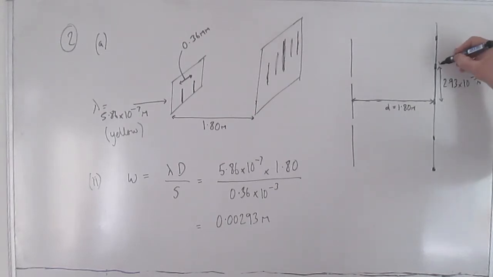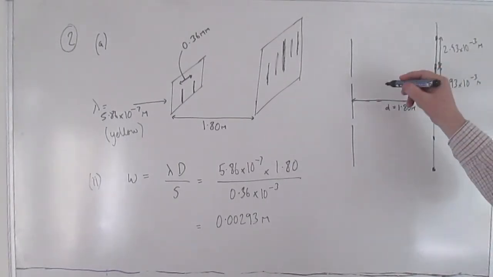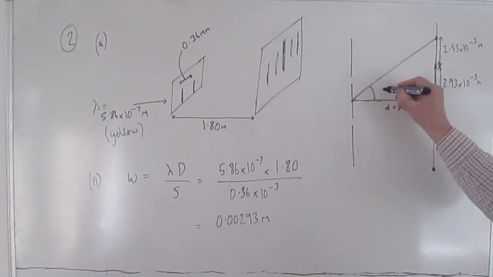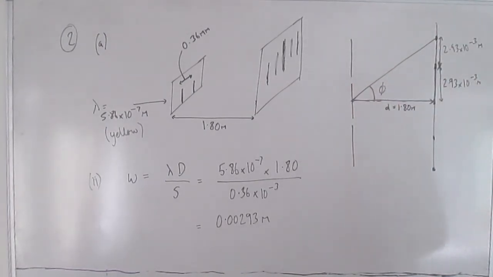And of course that's true for all the separations, so that's also 2.93 times 10 to the minus 3 meters. So the angle that it's talking about is that angle, which we'll call phi.